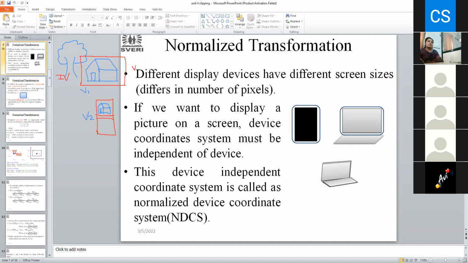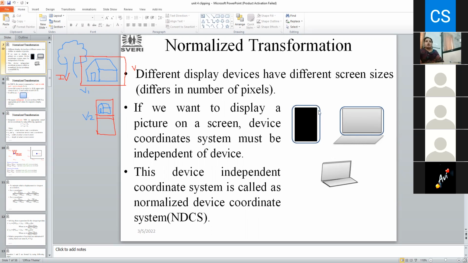In normalized transformation, we may have different physical coordinate systems. That is, we may use a tab, a mobile, or a laptop.